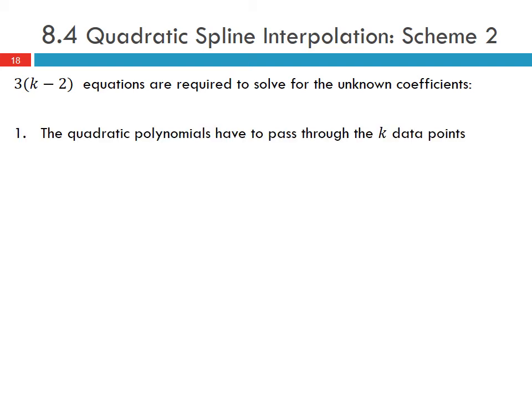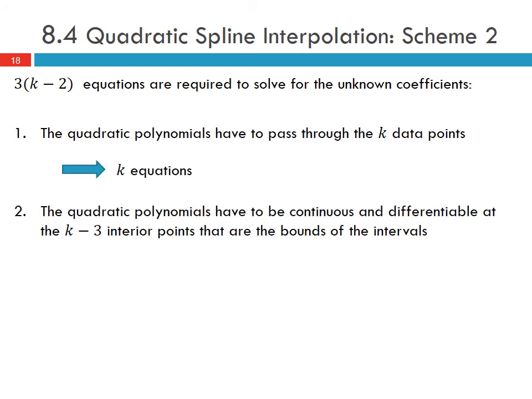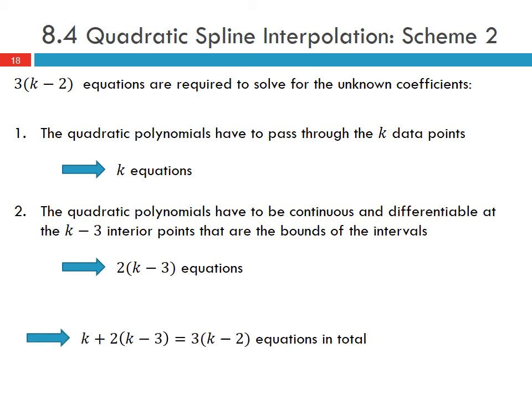So first, the quadratic polynomials have to pass through the k data points. So this gives us k equations. Second, the quadratic polynomials have to be continuous and differentiable at the k minus 3 interior points that are the bounds of the intervals. So this gives us an additional 2 times k minus 3 equations. And if we add these together, we see that we get 3 times k minus 2 equations in total, so that's enough to solve for our unknown coefficients.